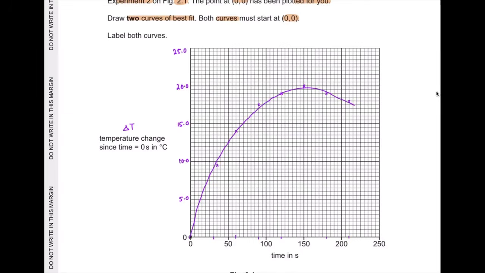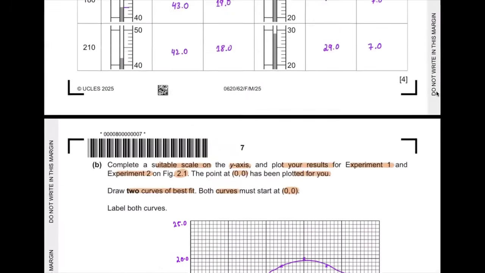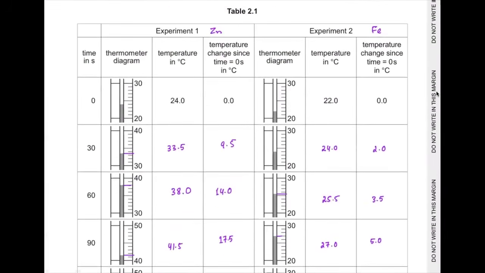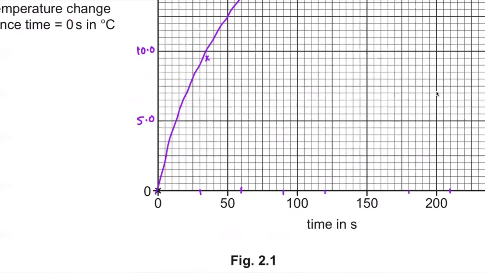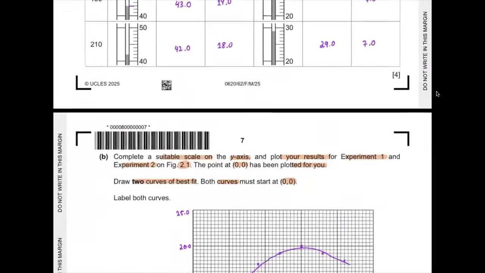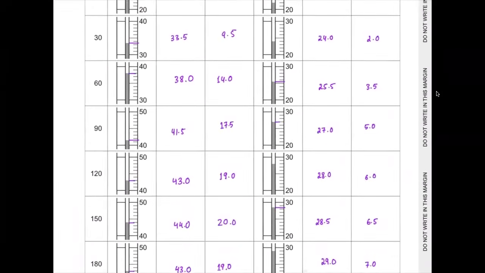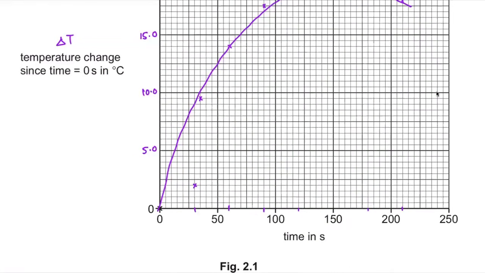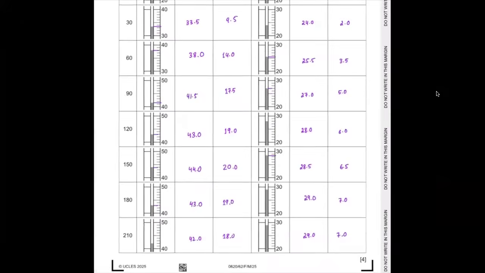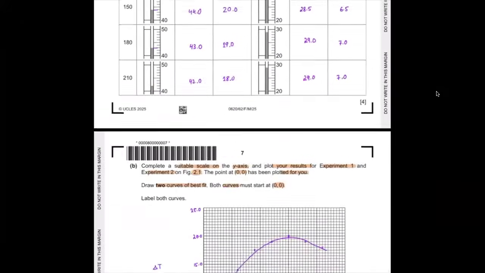Now, for the second one, at 30, it's 2. So it is going to be over here. Then 3.5 at 60. And then at 90, it's 5.